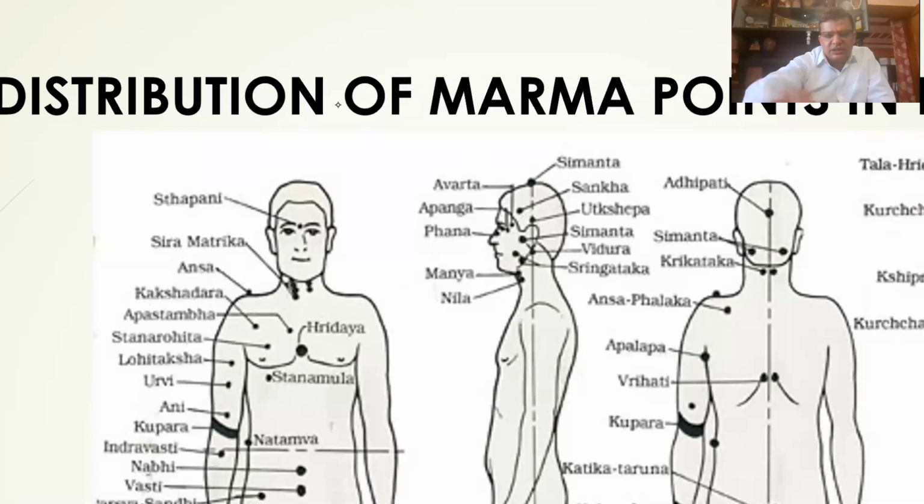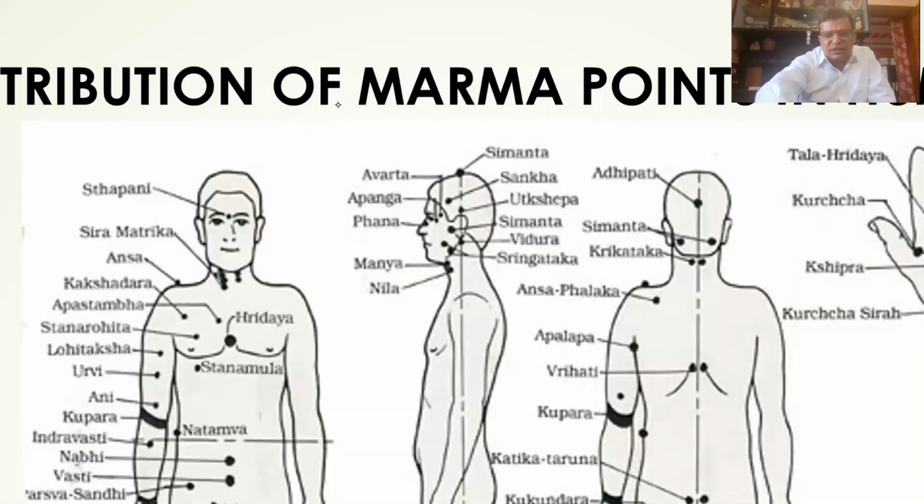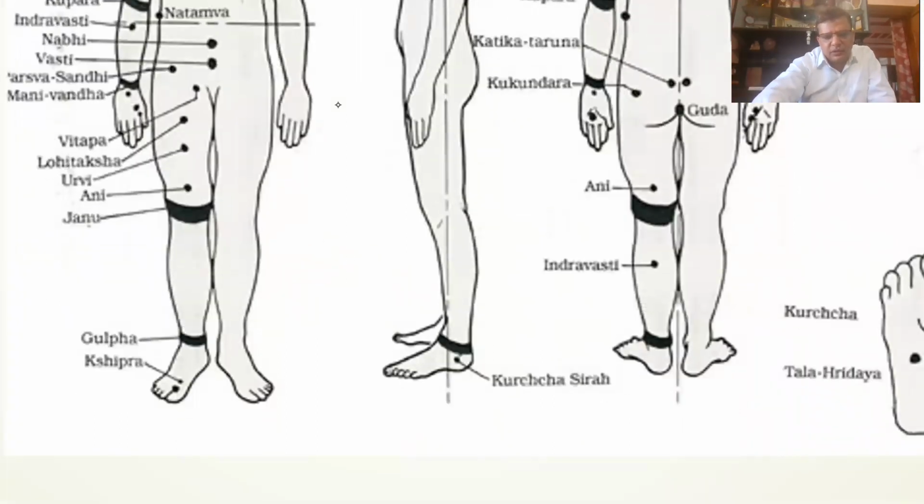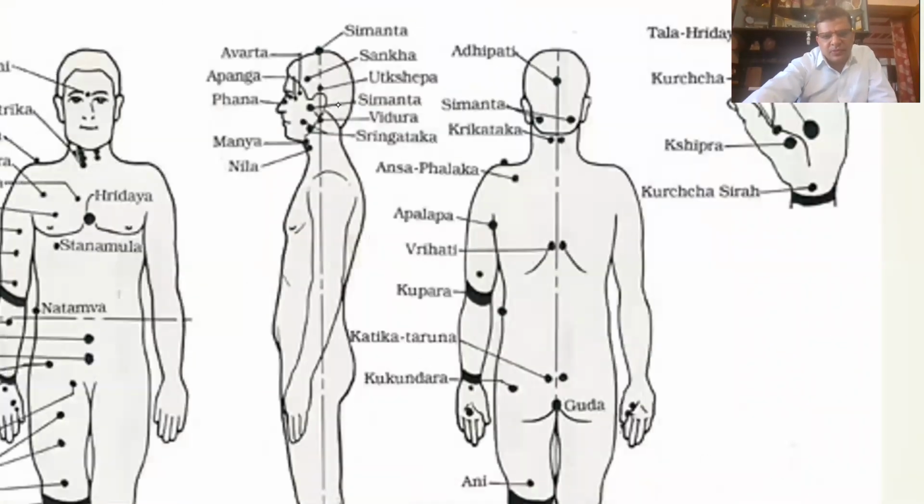And from this view, you can see the Simantha, Avarta, Sankha, Utkshepa, Vidhura, Sringataka, Fana, Apanga, Avarta, Nila, and in the lower extremity Kurchasira.